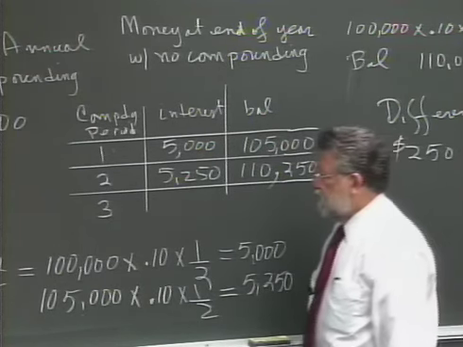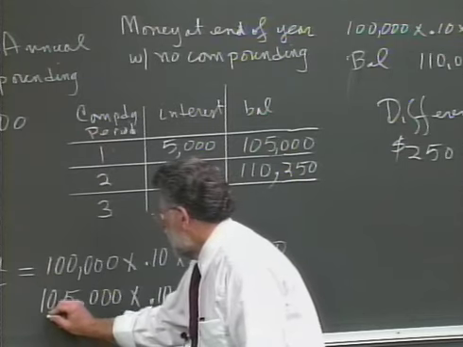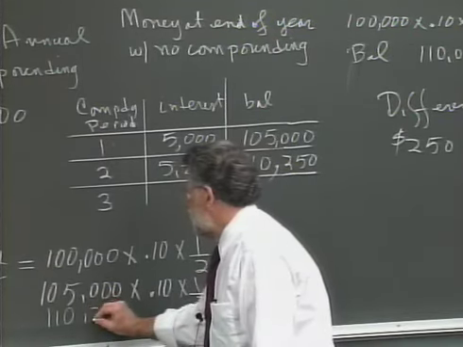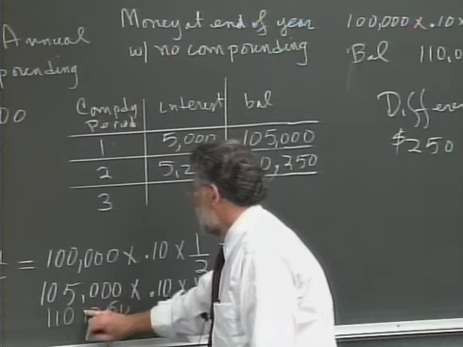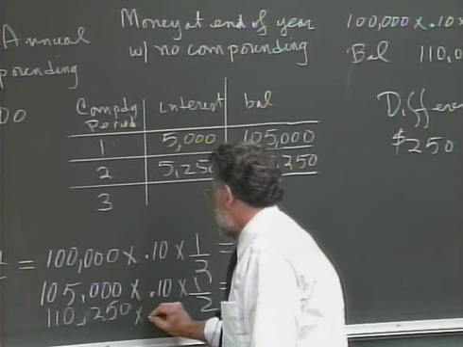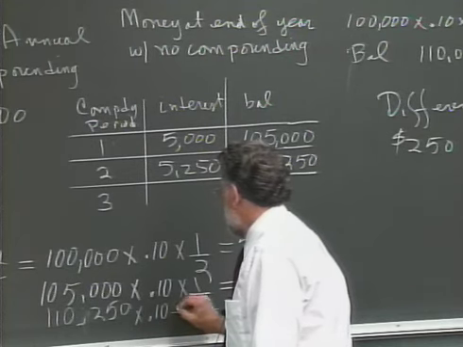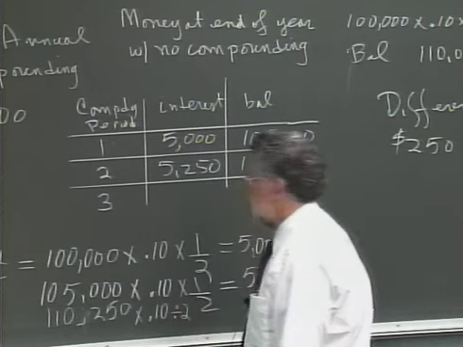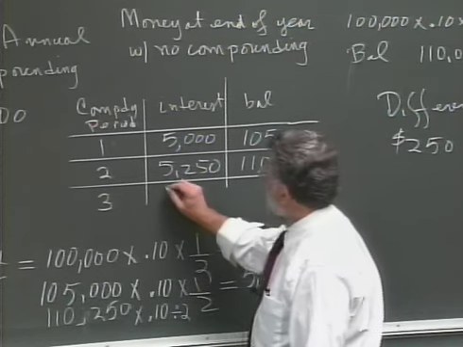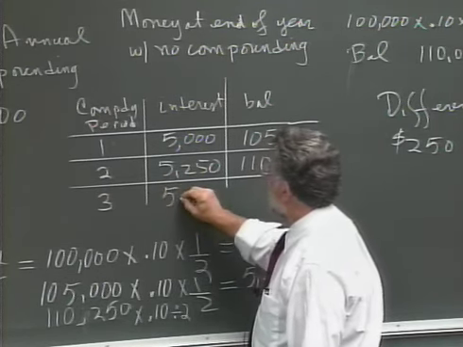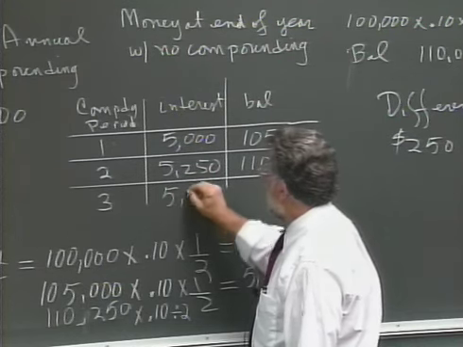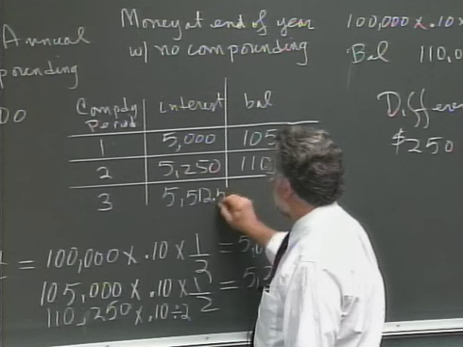So you're going to have to take now 110,250 times 0.10, and then we'll just divide by 2. That's the same as multiplying by 1/2. Okay, so what number are you getting? 512.50?